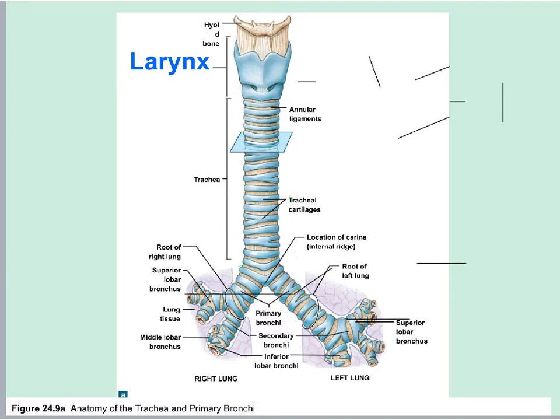The larynx is also known as the voice box, and it's this structure that you see here. And it's really made up of cartilages that you see here in blue, and then what you see here in that beige color is essentially connective tissue. However, this right here, that's the hyoid bone.